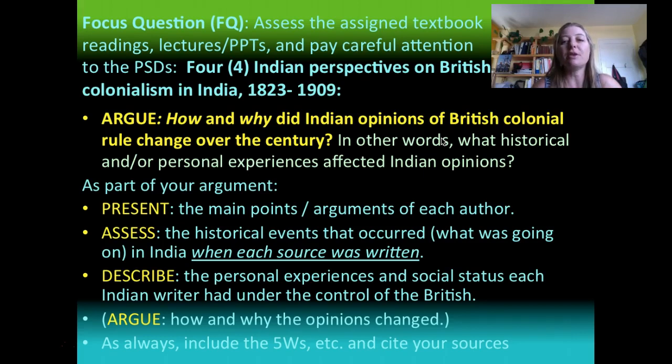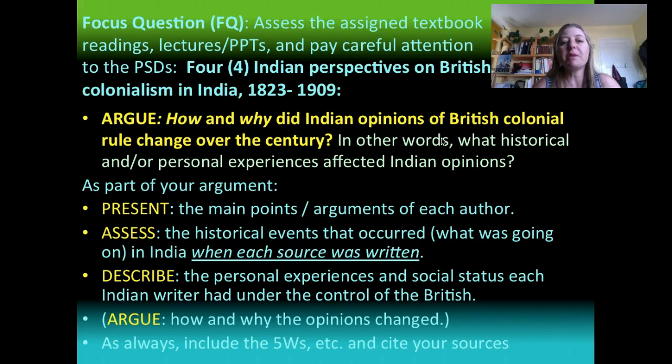In order to answer this question, you have to make an argument and present, first of all, the main points and arguments of each author. There are 4 authors. And then assess the historical events that occurred in India when each source was written. What was going on? Who was in power? How were things working? How was the social structure like? Who had influence and why and how?